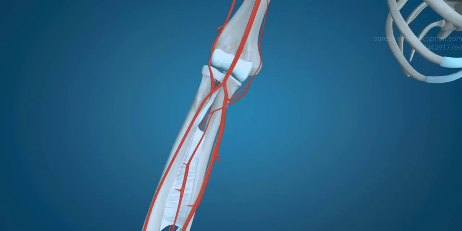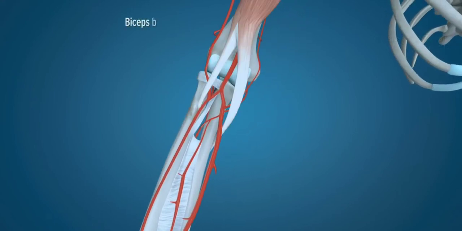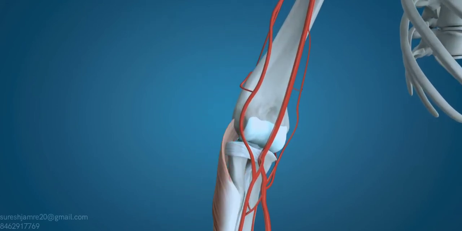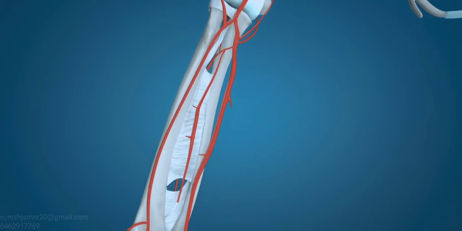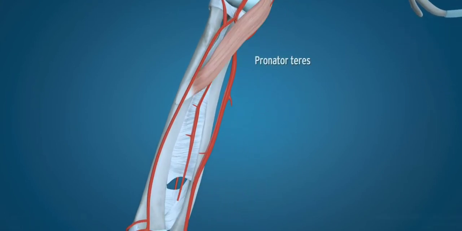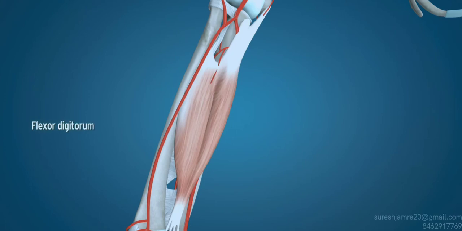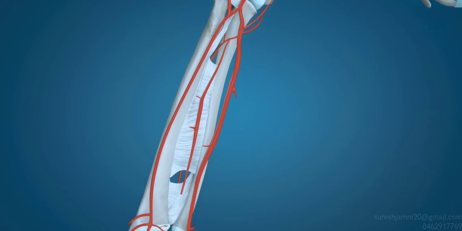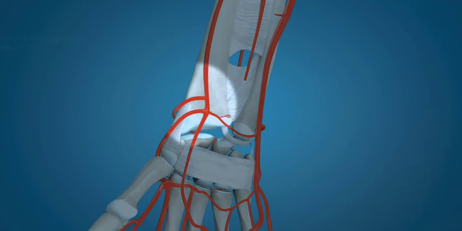Posteriorly, the artery is related to tendon of biceps brachii, supinator, pronator teres, flexor digitorum superficialis, flexor pollicis longus, pronator quadratus, and anterior surface of lower end of radius.